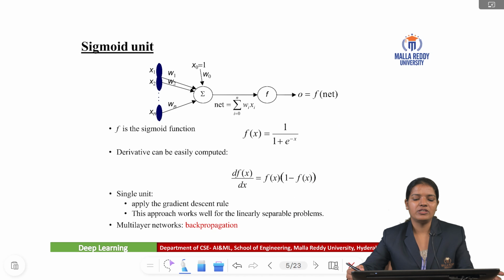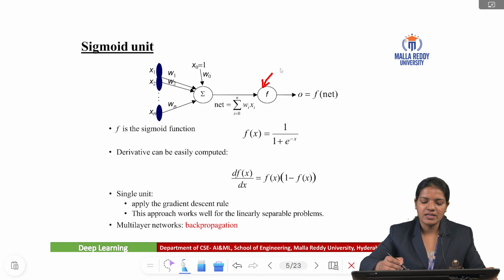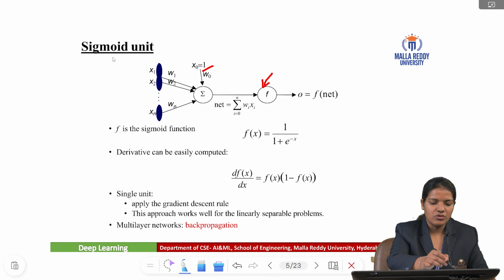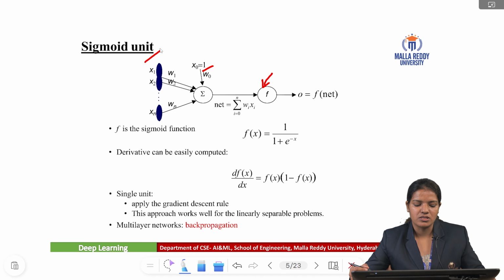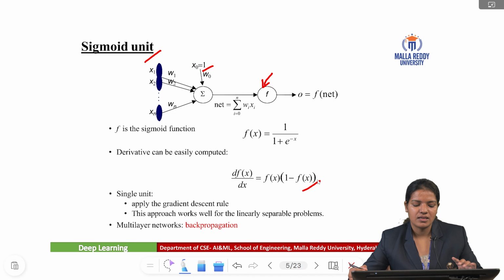Next is the sigmoid unit. After using the sigmoid activation function, we will get this type of perceptron. And here I have chosen the bias whose value is 1. Most deep learning models use the sigmoid activation function because it is smooth and we can easily differentiate it.